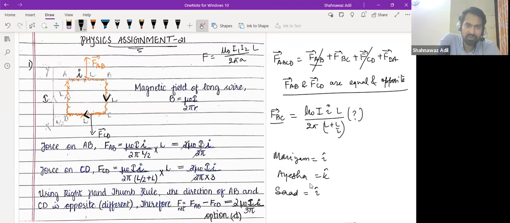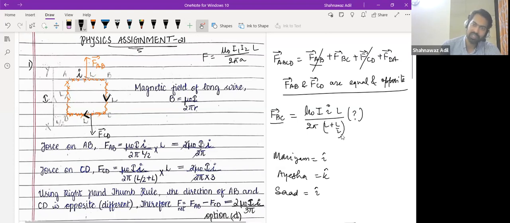Aisha, what is the direction of your fingertips? Fingertips is downward, right? And magnetic palm direction is inward. So what will be the direction of the force?